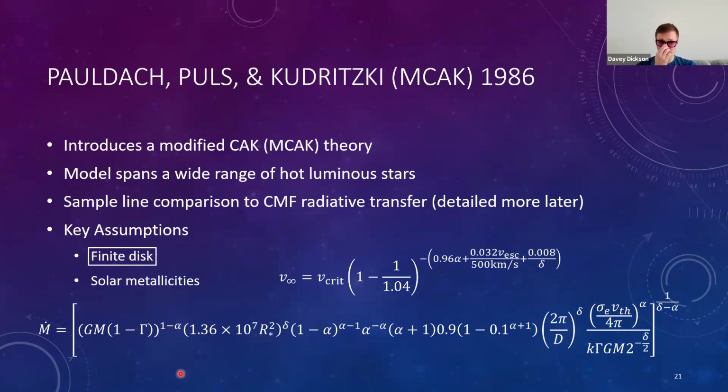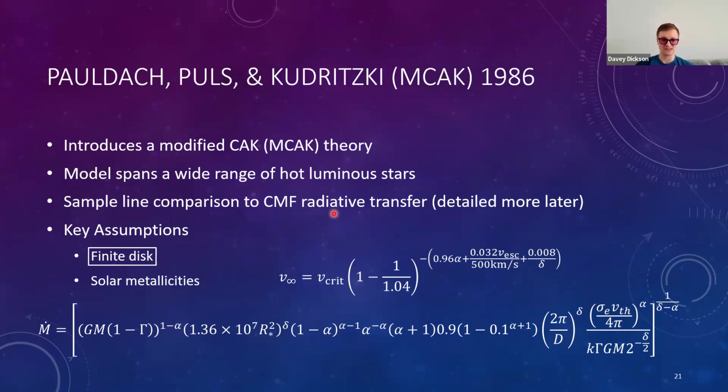They did a comparison with another method called the co-moving frame radiative transfer method, and found that at least in the narrow range that they were considering for that sample comparison, the difference between the CMF method and the MCAK method was only in the very near surface region where the Sobolev optical depth approaches infinity.